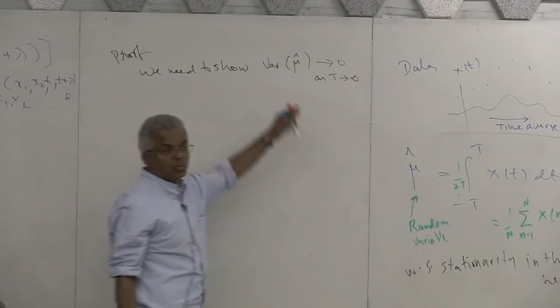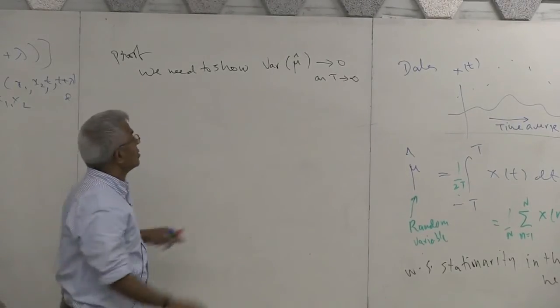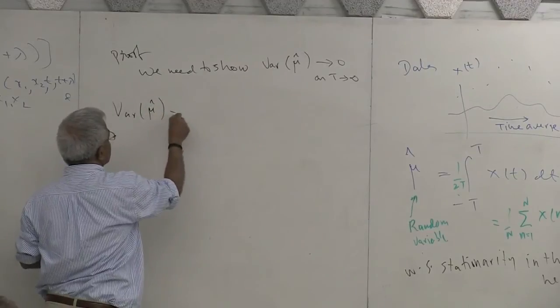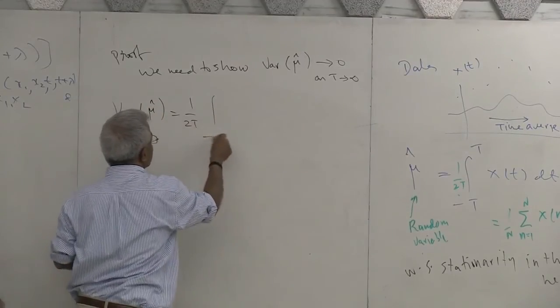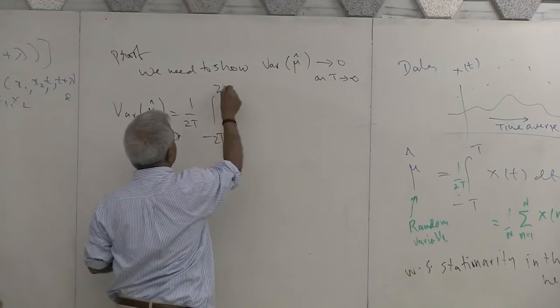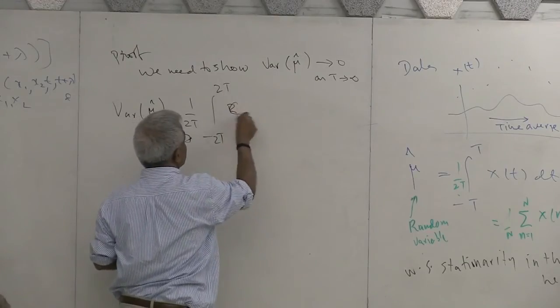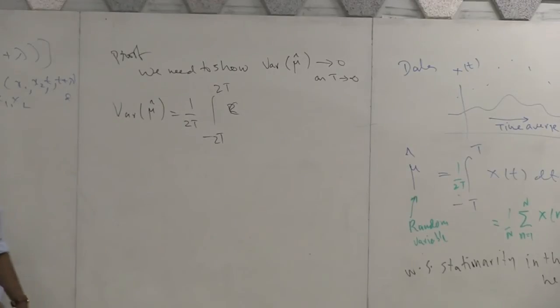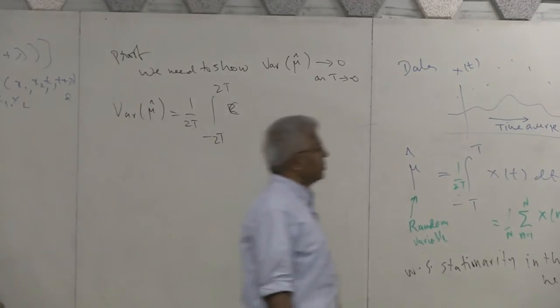Right? This is what we need to show. But variance of mu hat, actually we have an expression. It's here, I'm just copying this expression.